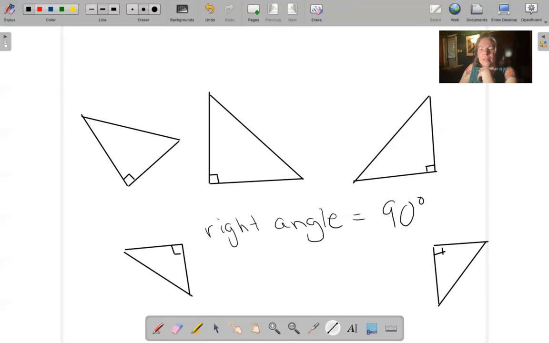This is a right triangle. As long as one of the angles in the triangle is a right angle, then you're talking about a right triangle.